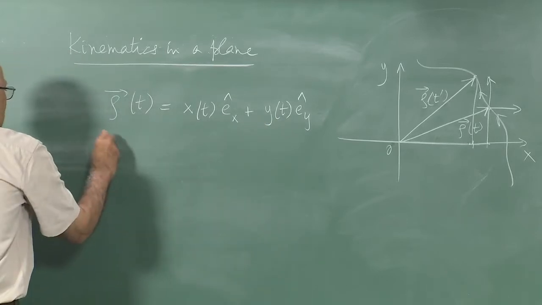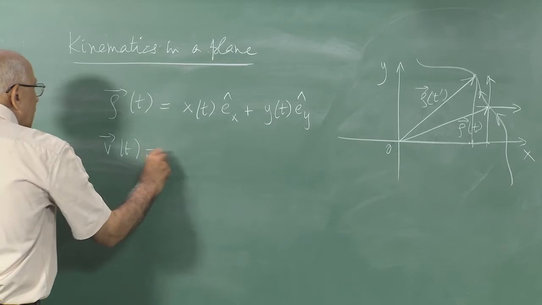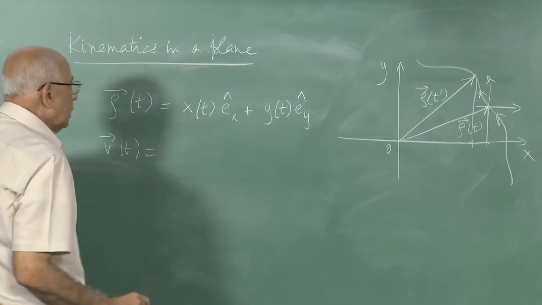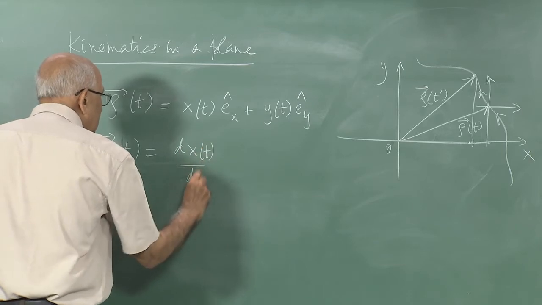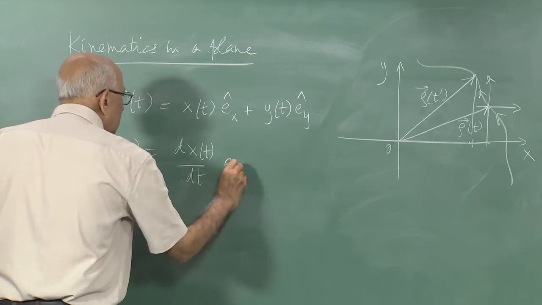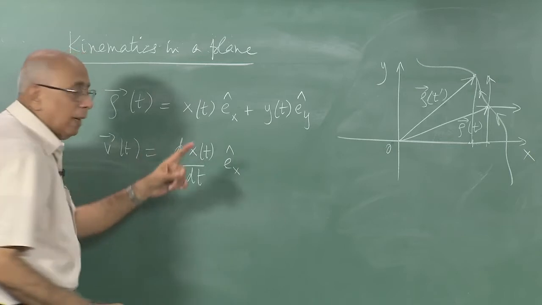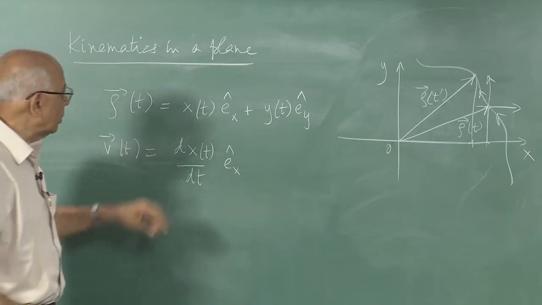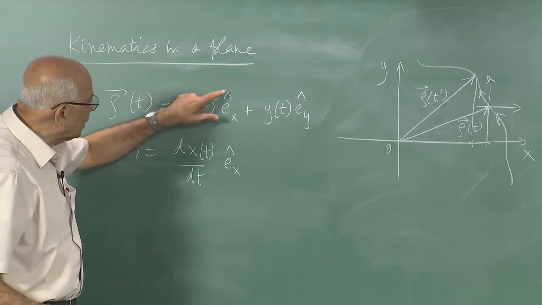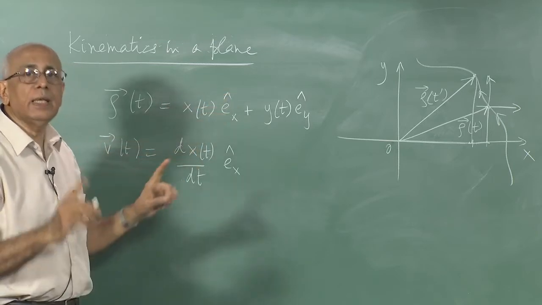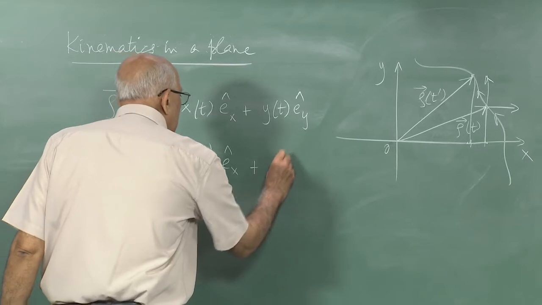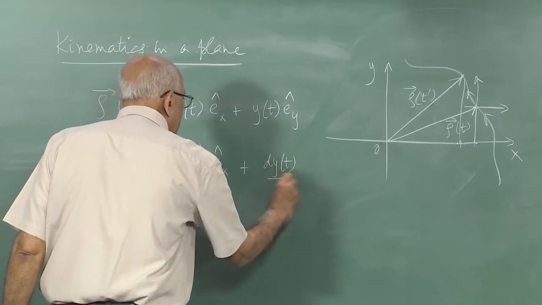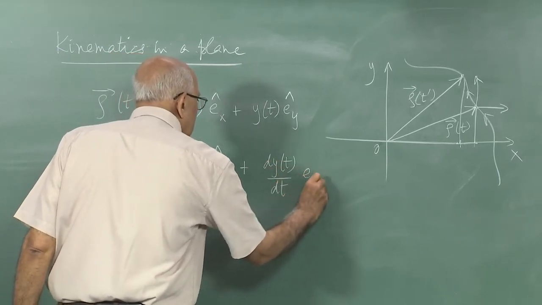The velocity v of t is then the time derivative of this quantity, and what you need to do is to differentiate x of t with respect to t times Ex. By the Leibniz chain rule, you also have x of t times the derivative of Ex, but that is 0 because Ex is a constant, plus similarly dy of t over dt times Ey.